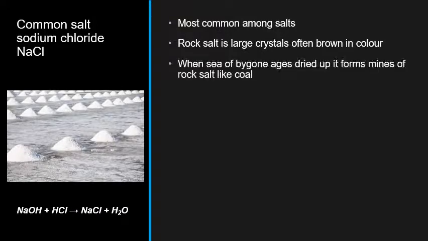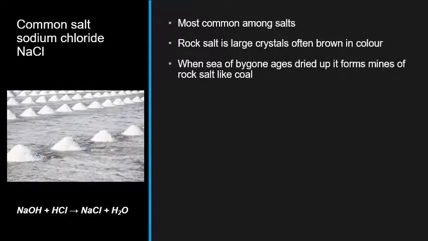Then when the sea of the bygone ages dried up, it forms the mines of the rock salt, like coal. What it means actually, see, thousands of years back, if you take this Mount Everest, this mountain Himalayas, how was it formed? Earlier it was a sea. Then mountains evolved from that sea.